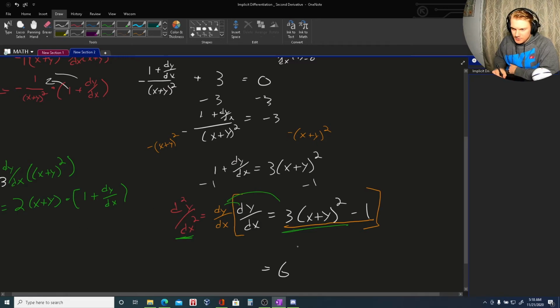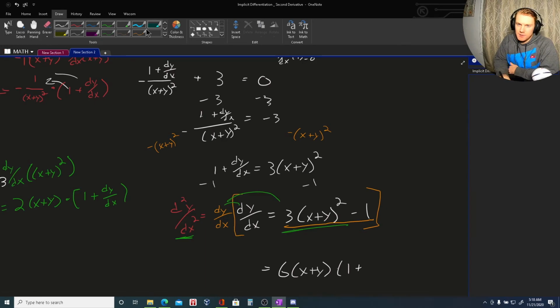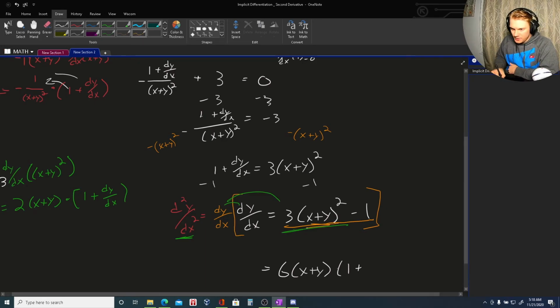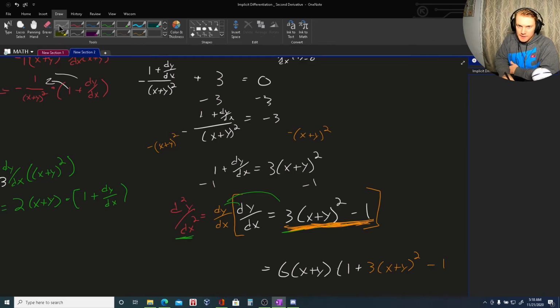So 6 times (x plus y) times 1 plus, and here's why we remembered that part: you substitute it back in, 1 plus 3 times (x plus y) squared minus 1.